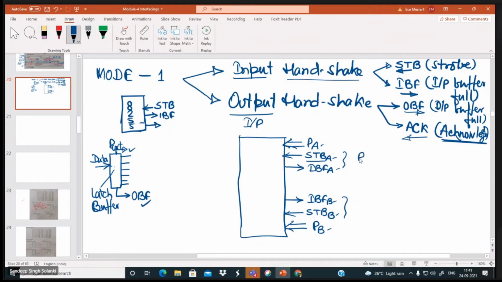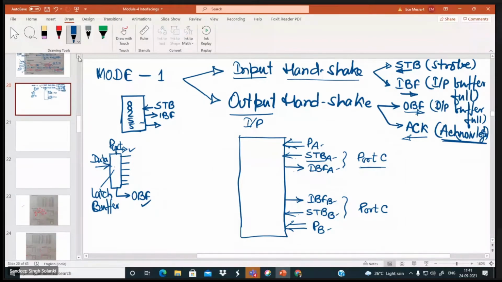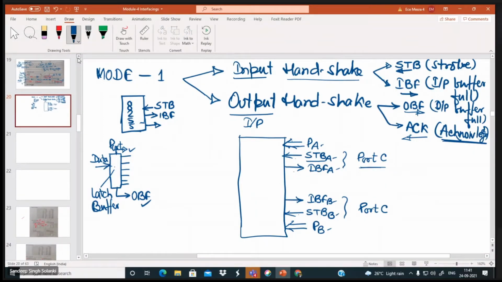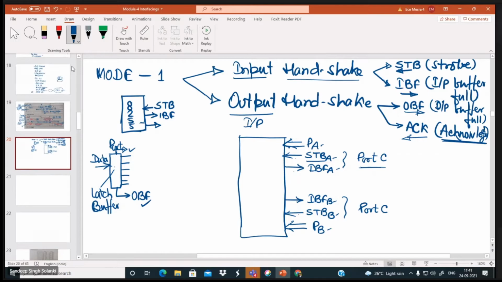The answer is these pins are from port C. We know that port C has 8 pins. Right now it is utilized as 2 here and 2 here. Then which pin of the port is this and this and this? See the figure here.